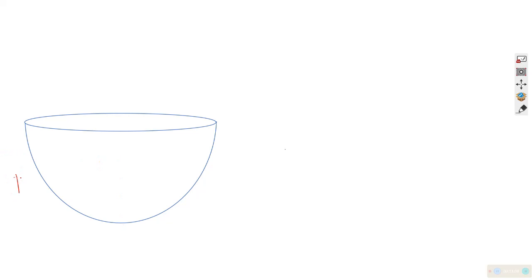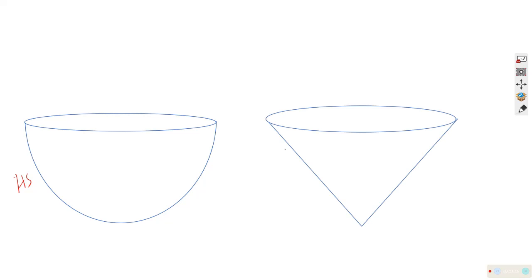This is a hemisphere now. Same other पानी भरने का काम करेंगे. What I will do is I will take a cone of same size. Same radius. ये जो radius है ना, this radius same. This one and this radius same. This one is again radius. This height is also same radius.